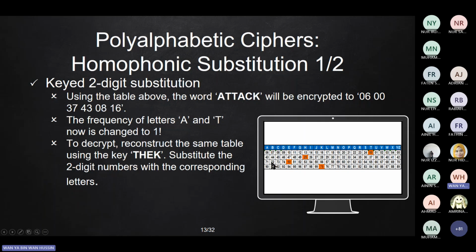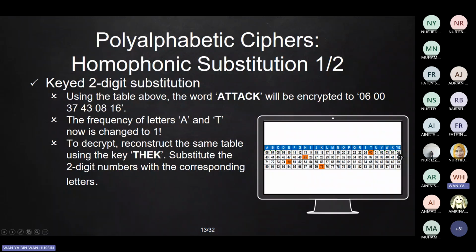And the third group, you start with E. E will be 50, until 74, and last K. And then you continue with 76 until 99.